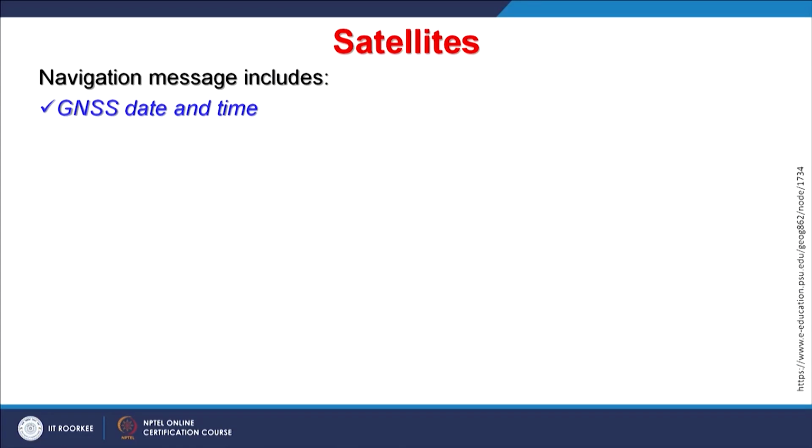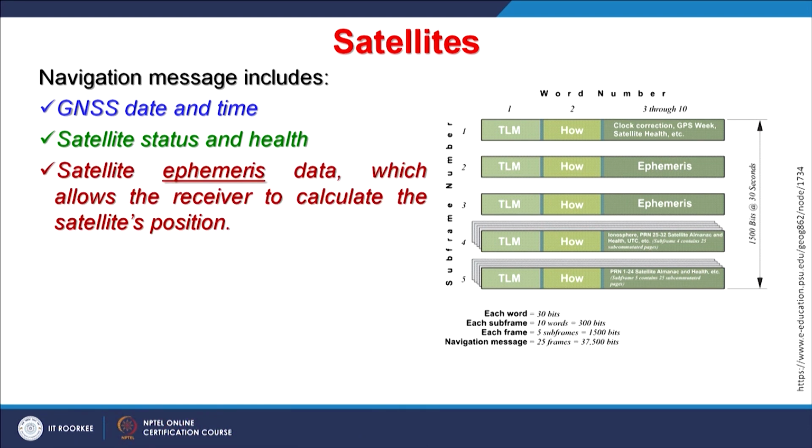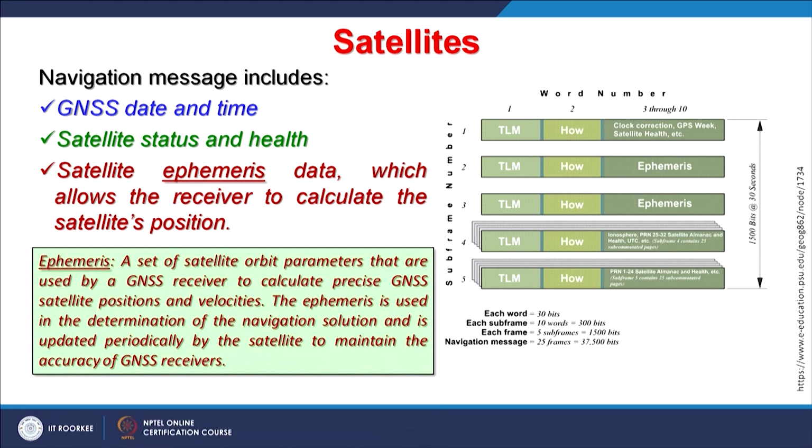They are basically carrying the date and time of the satellite system, as shown here, and then satellite status and health: whether it is functioning all right, or whether some corrections have been applied, and the satellite ephemeris data, which allows the receiver to calculate the satellite's position. So we need to know this also while calculating the position.